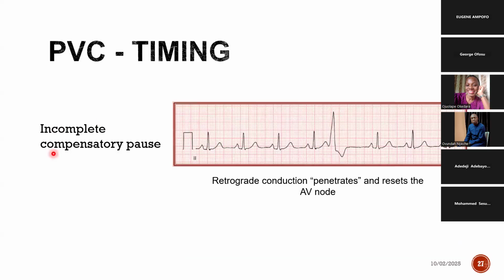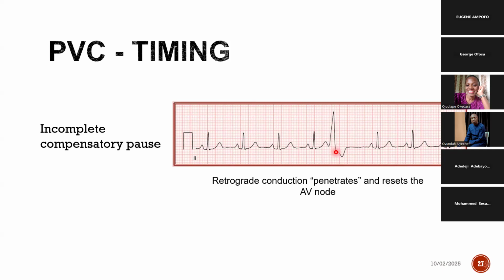So here we are seeing what is called the incomplete compensatory pause. So in this one, the PVC is able to conduct retrogradely and gets to the sinoatrial node, causing a reset.